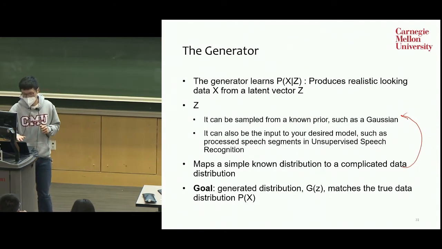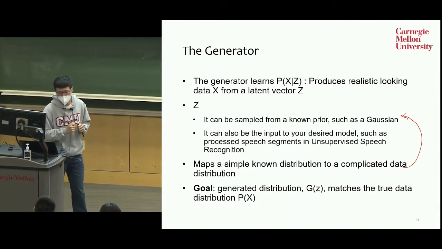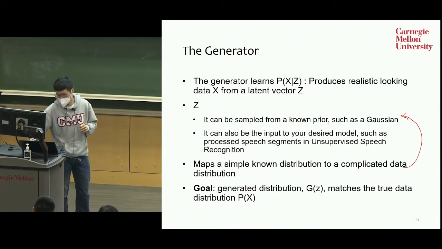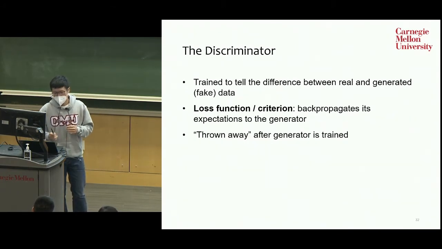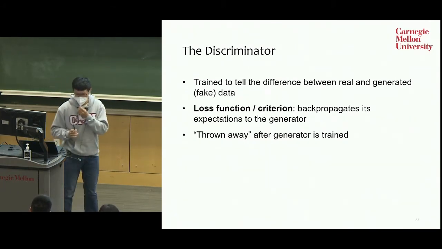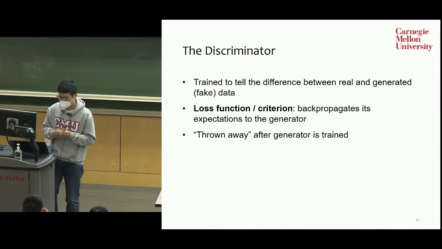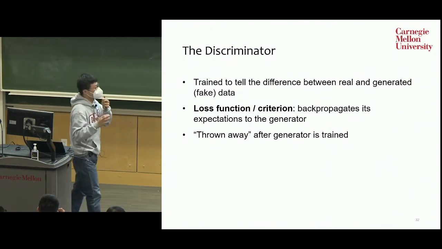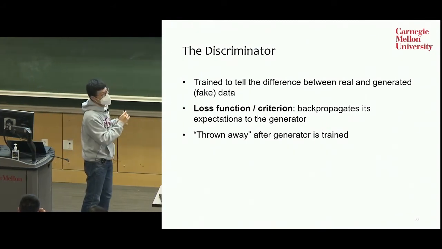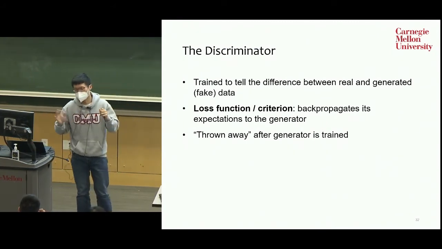Of course, the goal of the generator is to generate a distribution that matches the true data distribution. And the discriminator is trained to tell the difference between real and generated data, as we just mentioned. As Manish has mentioned, the discriminator can be thought of as a loss function or criterion.